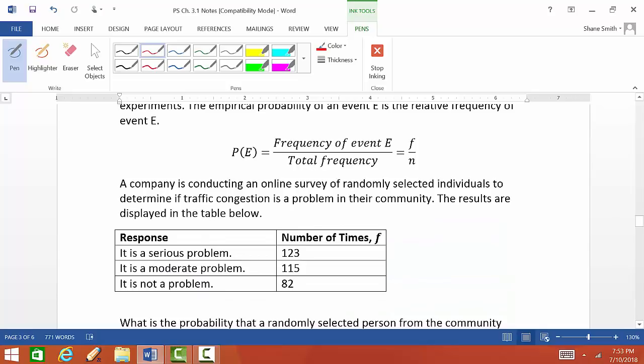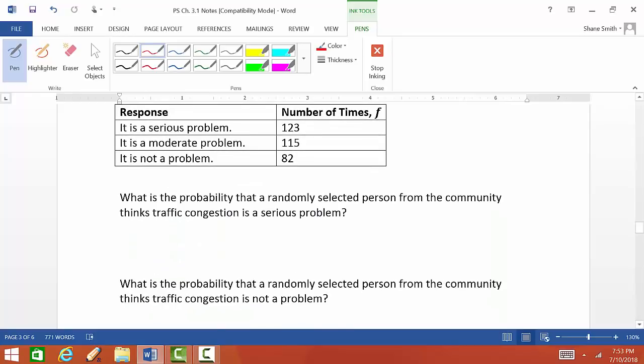So let's do an example using relative frequency. It says a company is conducting an online survey of randomly selected individuals to determine if traffic congestion is a problem in their community. The results are displayed in the table below. So let's look at these results and try to answer the questions of finding the probability.